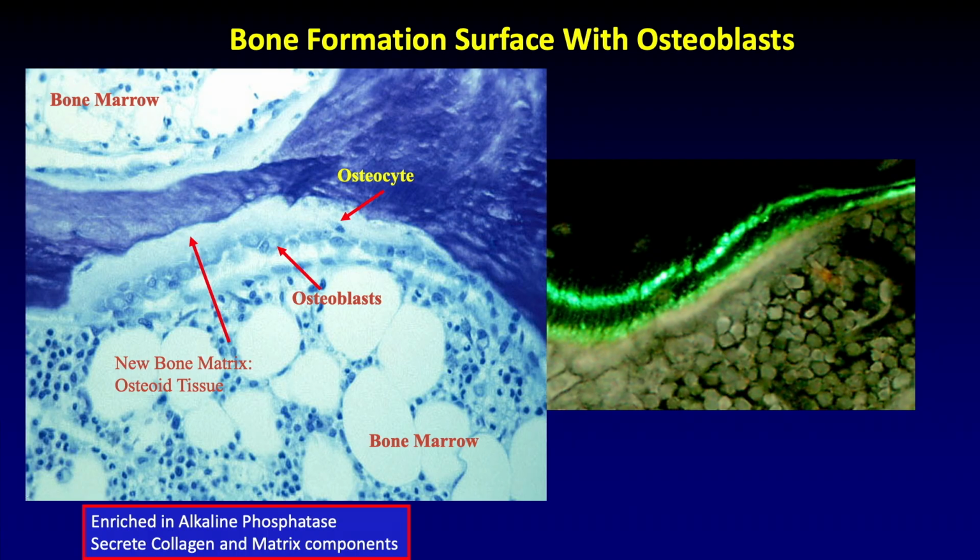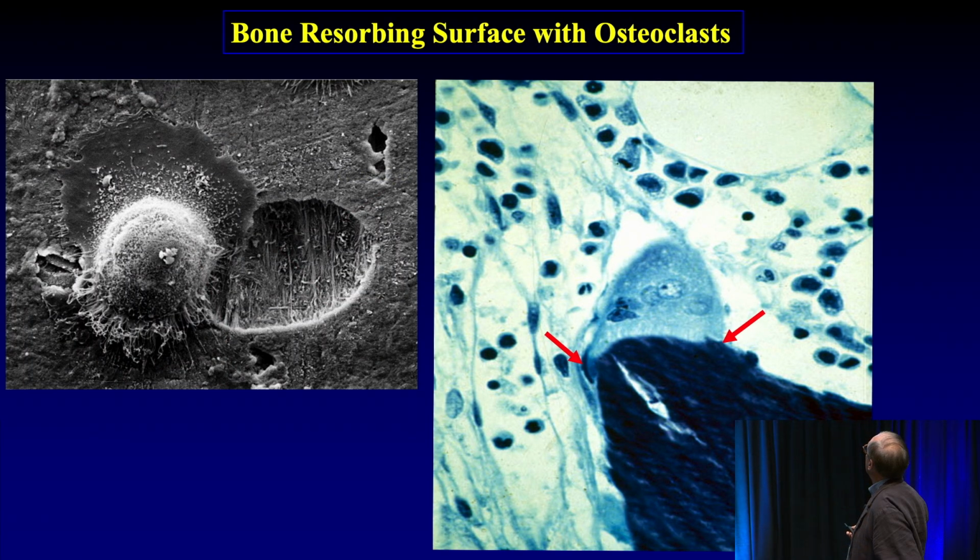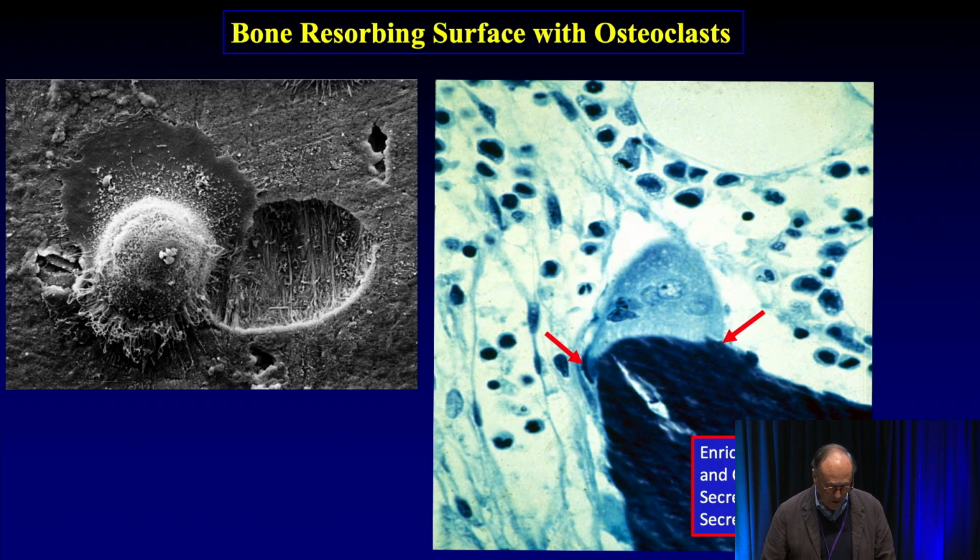The second type of cellular activity that you can find along the bone surface is shown here. This is a so-called osteoclast. It's a multinucleated giant cell that attaches to the bone surface. And when it attaches to the bone surface quite hermetically, it secretes under its belly, if you want, enzymes and protons.